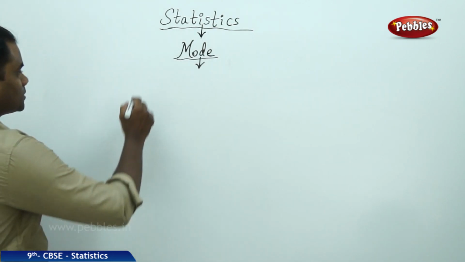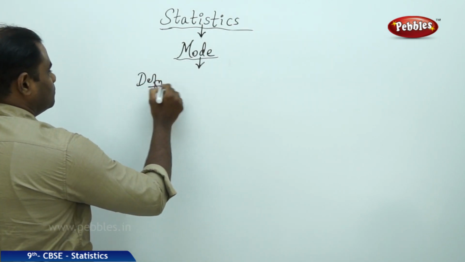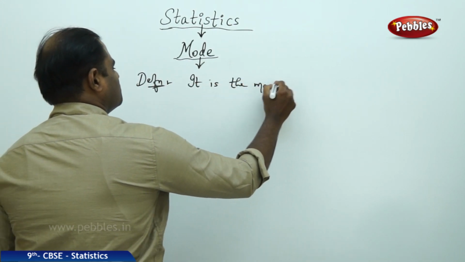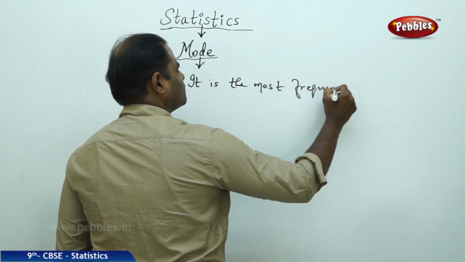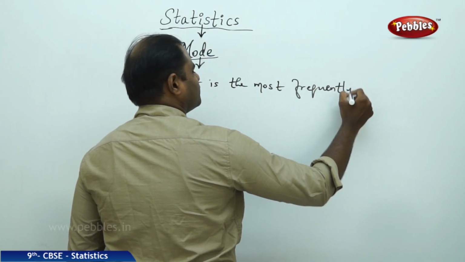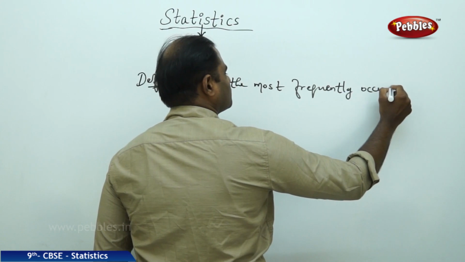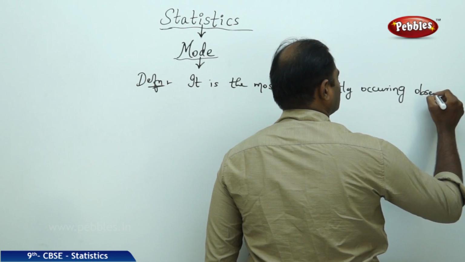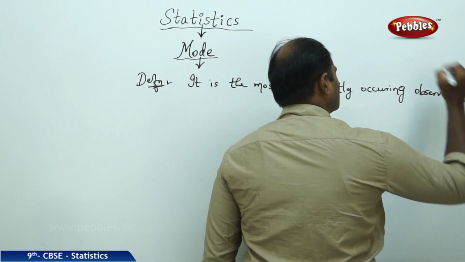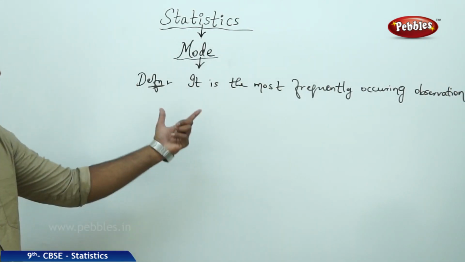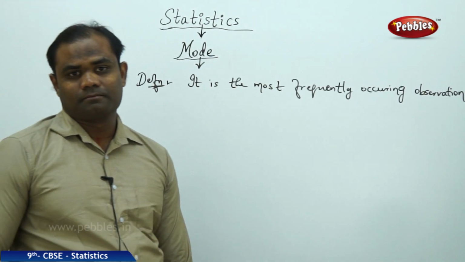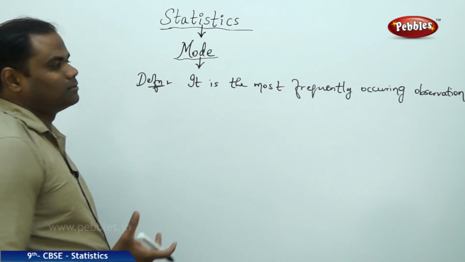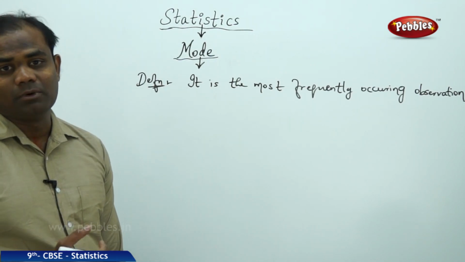To give the most simple definition, mode is the most frequently occurring observation. That means if the frequency is highest, then that value, that observation is said to be the mode.